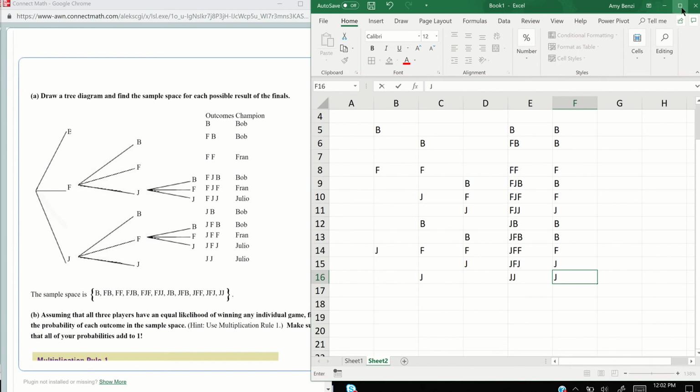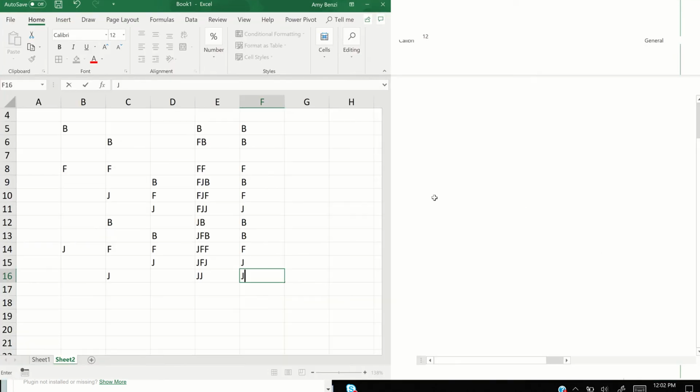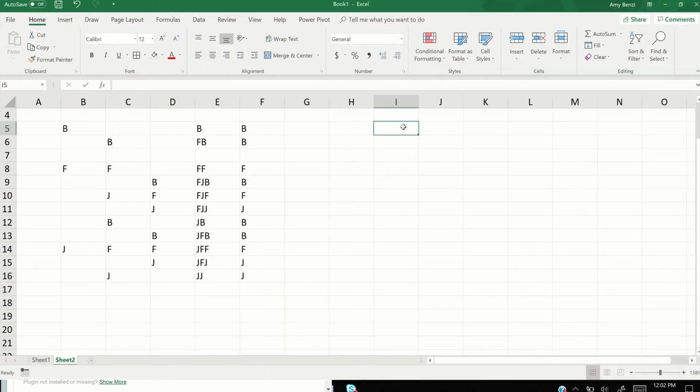Now I'm going to make myself a little chart over here. First of all, I have probabilities of each of these things occurring. I want to know the probability of Bob being the winner. We'll even do it like they did: probability of Bob winning, the probability of Fran, and the probability of Julio, each being the winner.